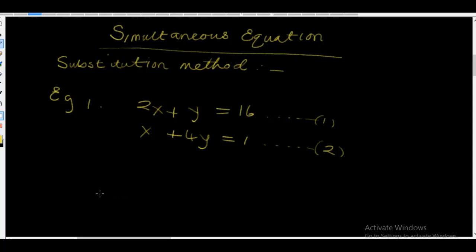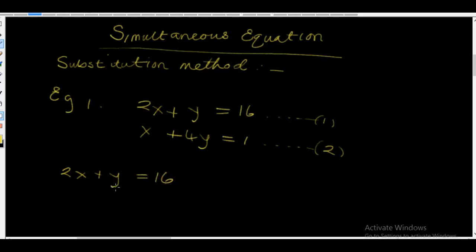So what we're going to do now is, from equation 1, let's make y the subject of the equation. From equation 1 we have 2x plus y is equal to 16.